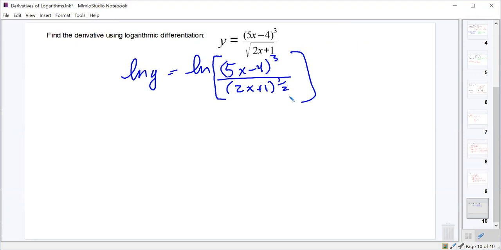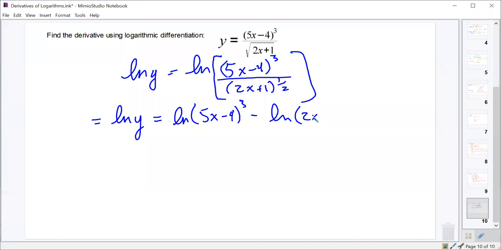Yeah. Right. So if I have the logarithm of something divided by something else, I can separate that out into what? Subtract them, right? So natural log of y equals the natural log of 5x minus 4 to the third minus the natural log of 2x plus 1 to the 1/2. Everybody good with that?